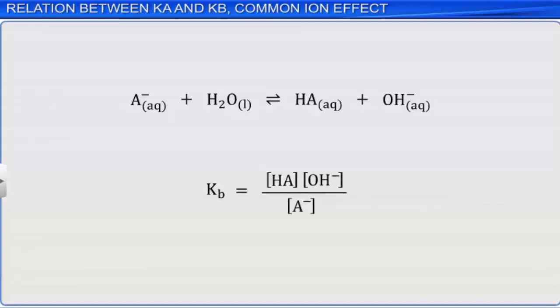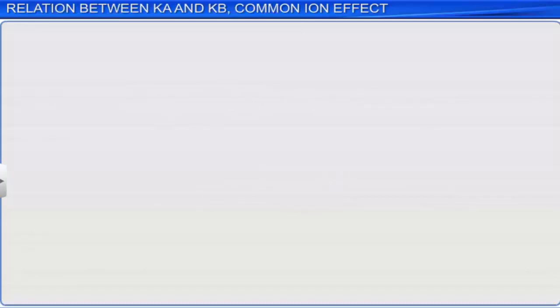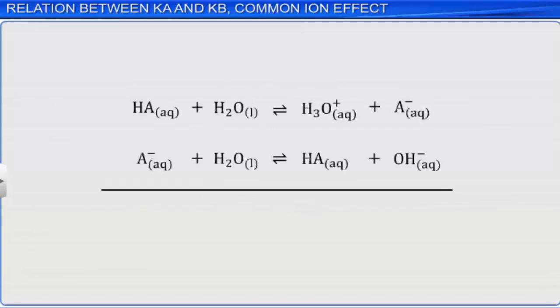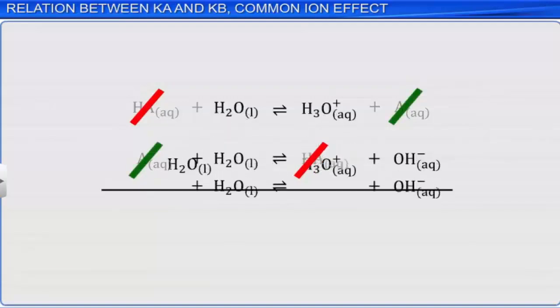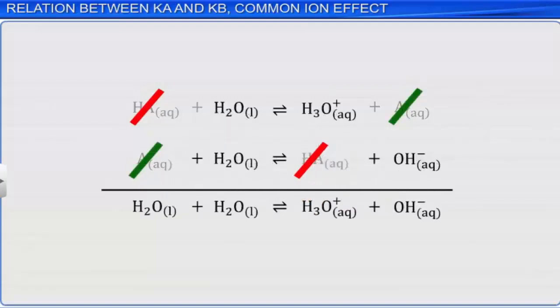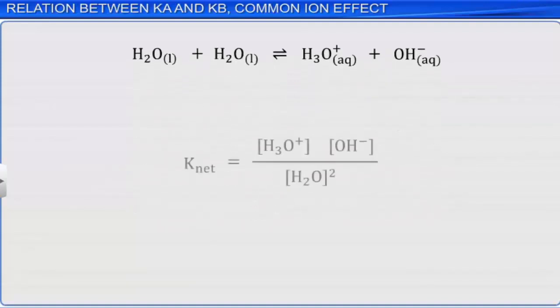On adding these two reactions together, the common terms cancel out, leaving the autoionization of water. The equilibrium constant for the net reaction may be expressed as K net is equal to the product of concentrations of H3O plus and OH minus divided by concentration of water raised to the power of 2. As the concentration of water remains almost constant, it can be ignored.